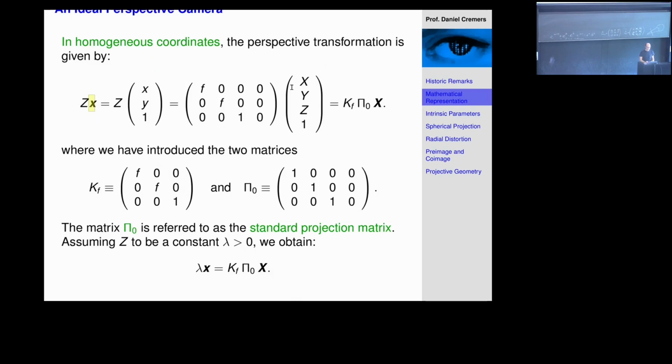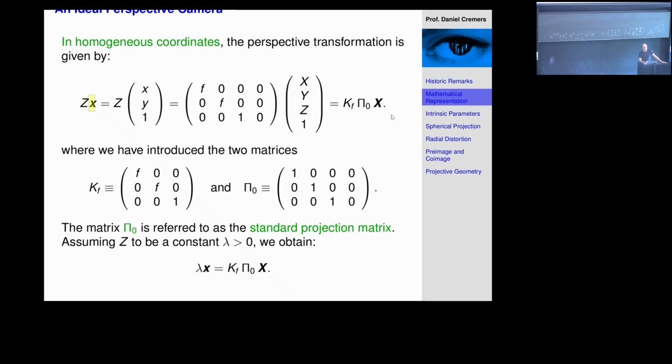And the 3D point has the coordinates x, y, z. I go into homogeneous coordinates, so I have a 1 here. And then I have this projection that rescales with the focal length. And then the division by z happens here in the sense that I actually multiplied the whole equation by z. In principle, if you want just the projection, you have to divide by z. But we'll write it in this way to make it look linear.